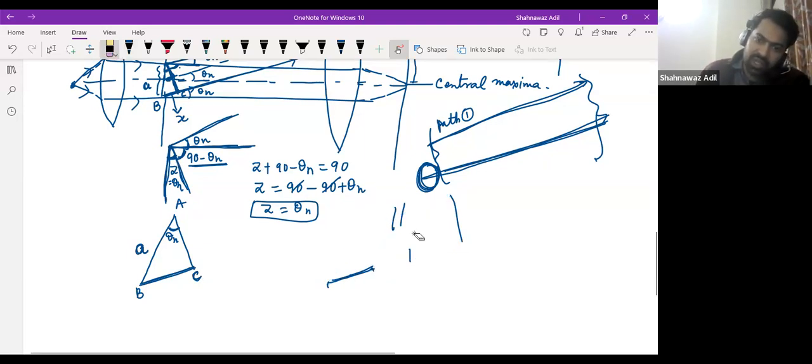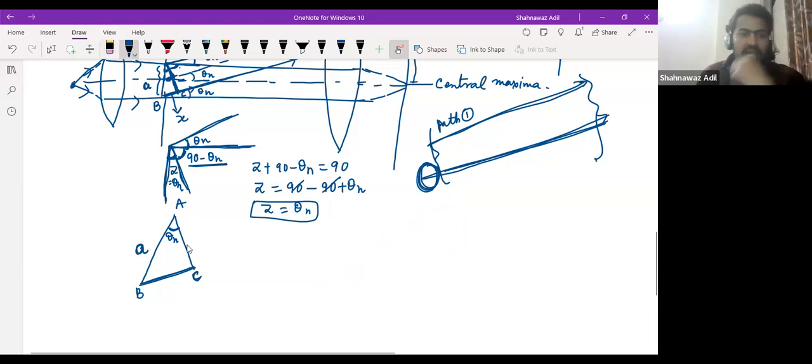So I have to calculate the path difference, and this is the hypotenuse A. This is theta n. Oh, this is not the base, right?